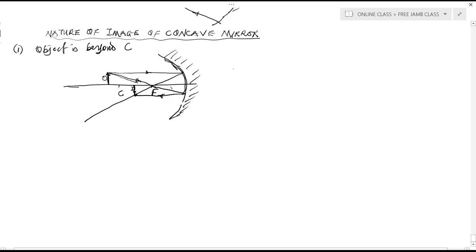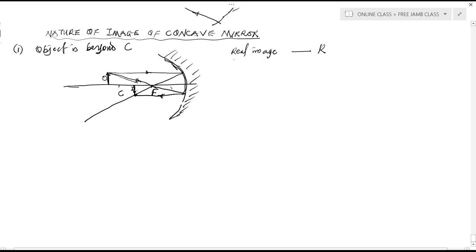What does it give us? It gives us a real image. Once the image is formed in front like this, you say it is a real image. So we have real image. We use R for that. Then the image is pointing downward.